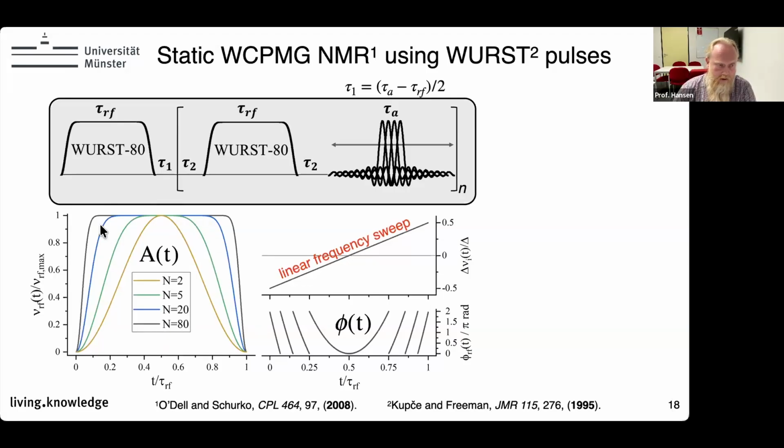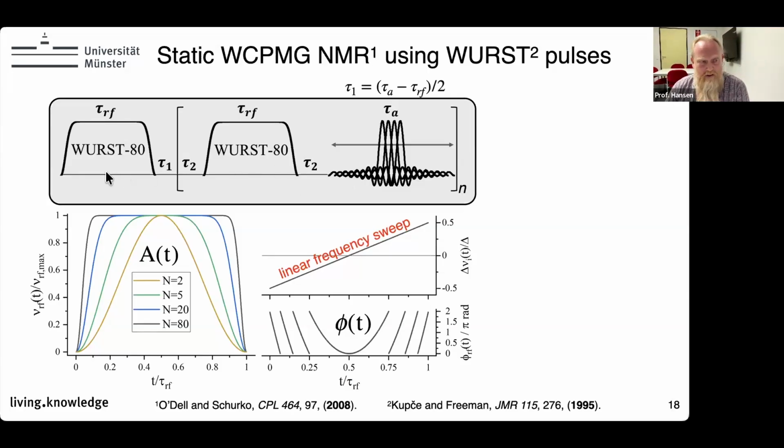Now we have n equals 80 here, but we now include also the characteristics of the WURST pulse, namely the linear frequency sweep, which you can obtain by phase modulation as a parabola. So the time derivative of the phase is just a constant times the time, and then you integrate it, and then you of course get the time profile of your phase.